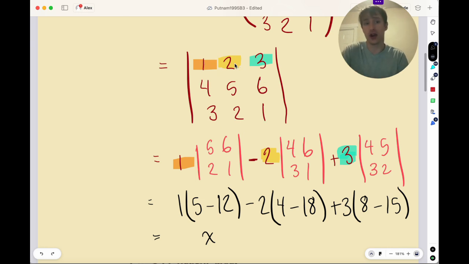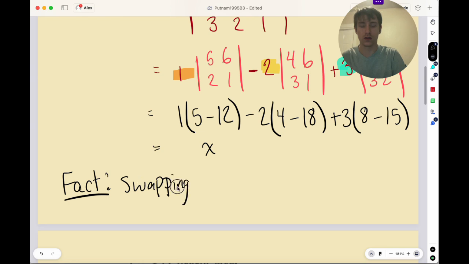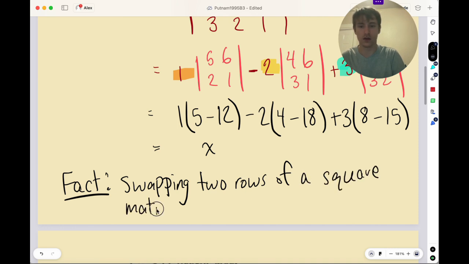And it turns out there is. Okay, so I'll state this as a fact. So fact. Swapping 2 rows of a square matrix changes the determinant.